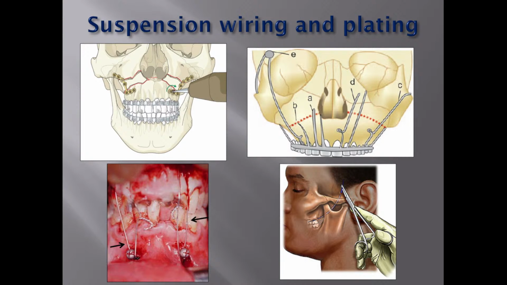We can use special screws, which we can screw into, for example, the mandible and maxilla, the zygomatic bone and zygomatic arch, and even the frontal bone, and then use special ligatures or wirings on these screws, which we can pass through this arch, as you can see on the scheme in the lower part of the slide, to wire the maxilla to the upper side of the cranium or other non-movable parts of the cranium.